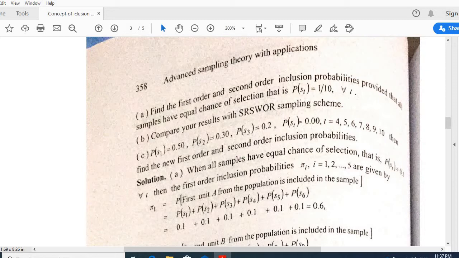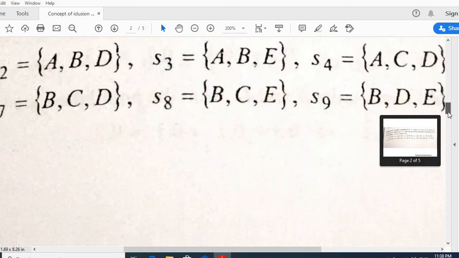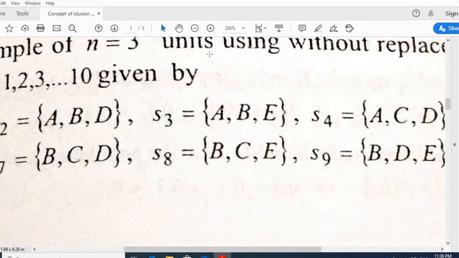Solution: when all the samples have equal chance of selection, that is P(S_t) is equal to 0.1, then the first order inclusion probability pi i, i equal to 1, 2, 3 up to 5, is given as pi 1 is equal to the probability of the first unit A from the population being included in the sample. Now we have to see which samples have the first element, that is unit A. Now go to all the possible samples.